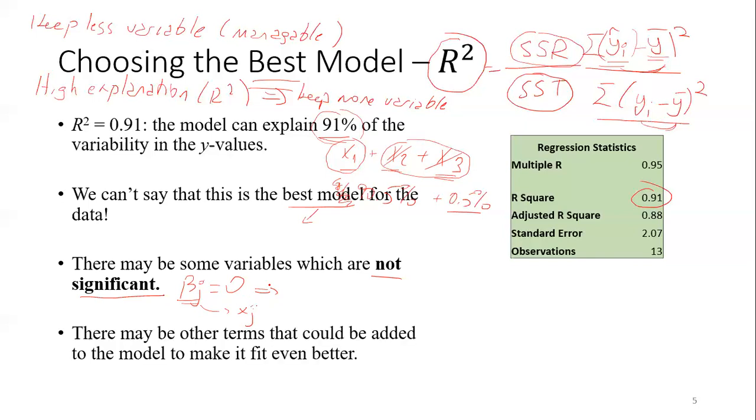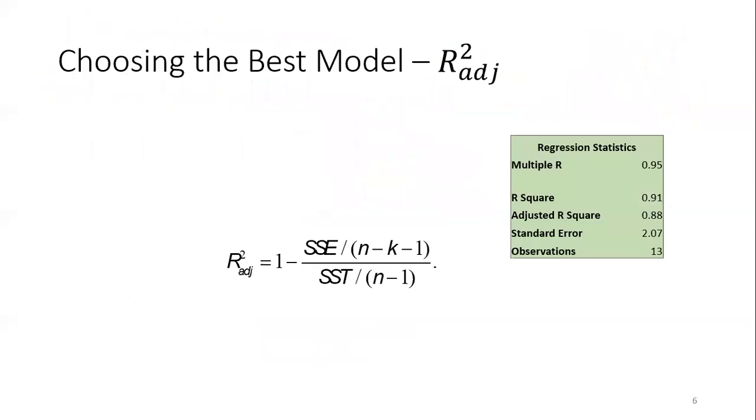So you should just remove it from the model. Or there may be some other term that could be added to the model to make it fit even better. Maybe removing some variables is good, or maybe adding some additional terms is good. So in fact, we don't know yet, right?